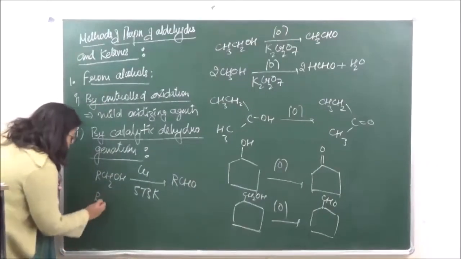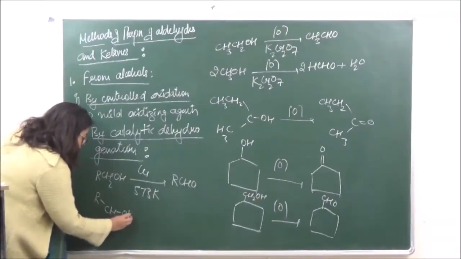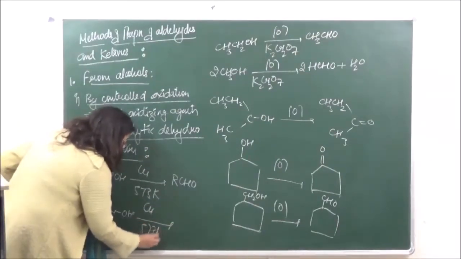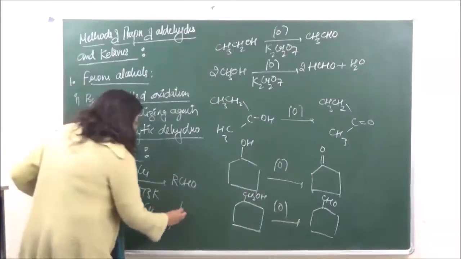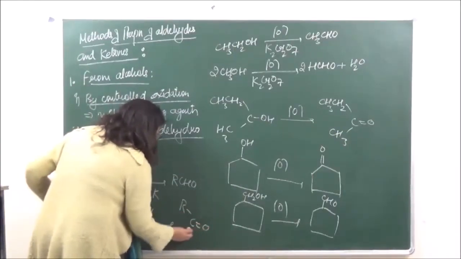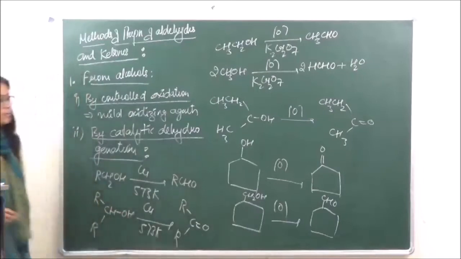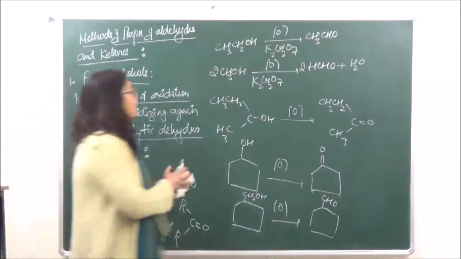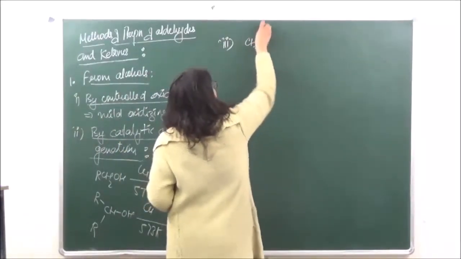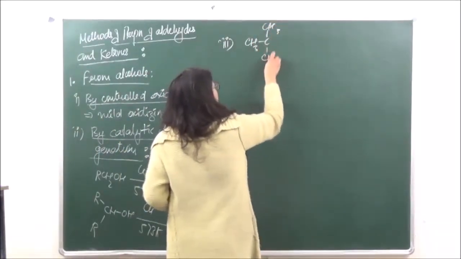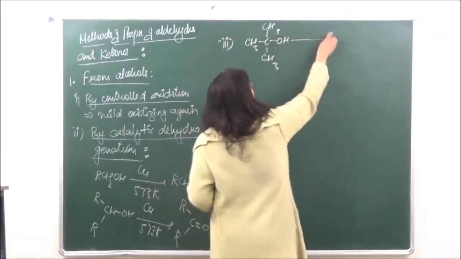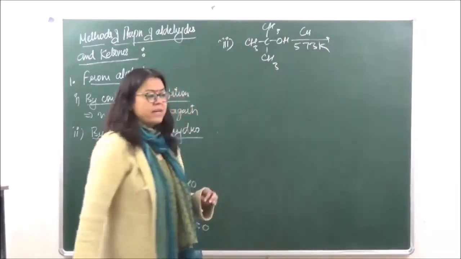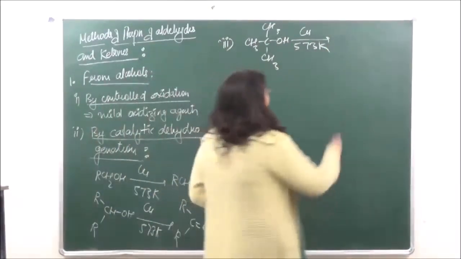If you are taking a secondary alcohol over here, this is going to be converted to ketone. And if we are taking a tertiary alcohol, with copper at 573 Kelvin, it is going to give us an alkene.